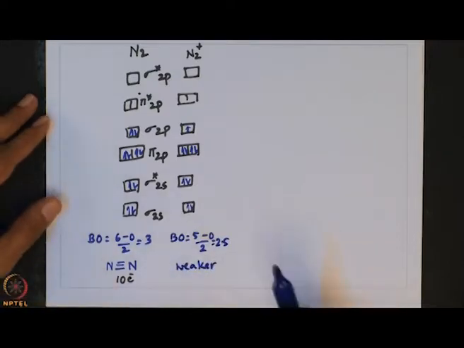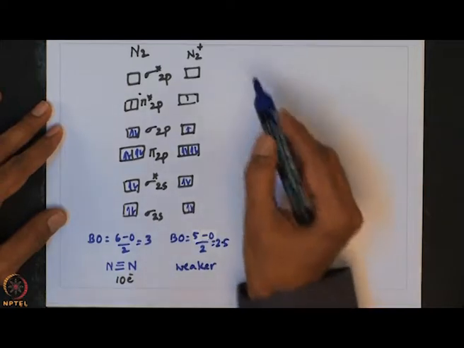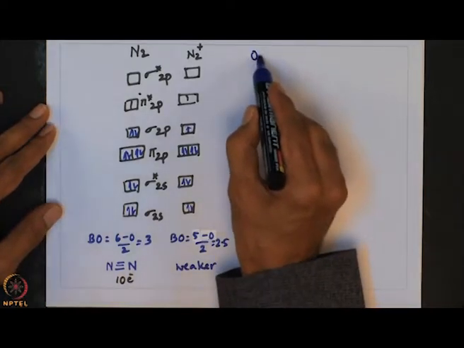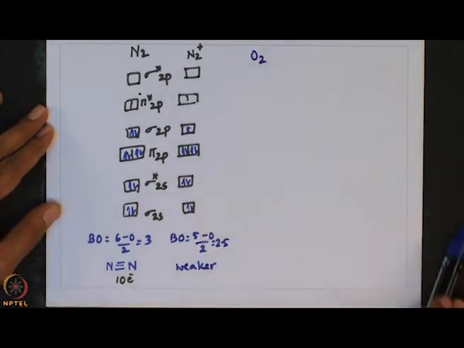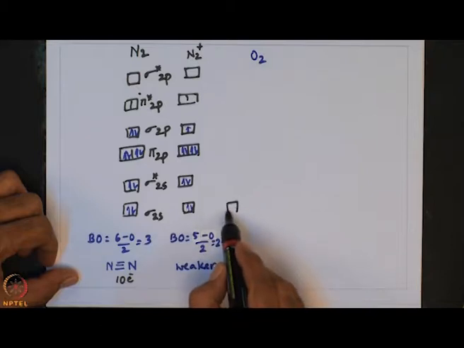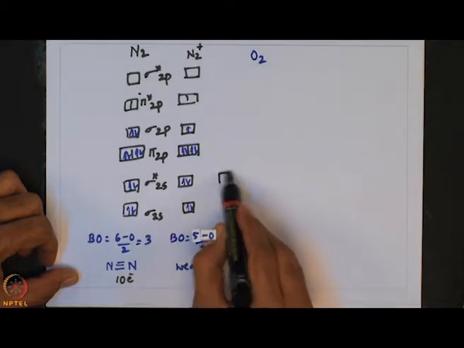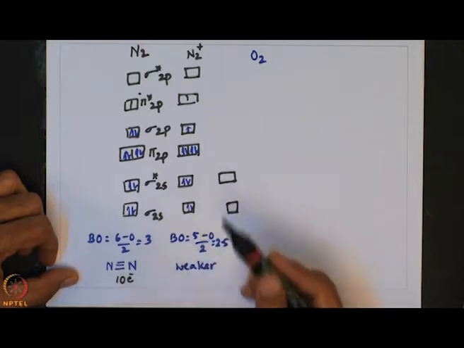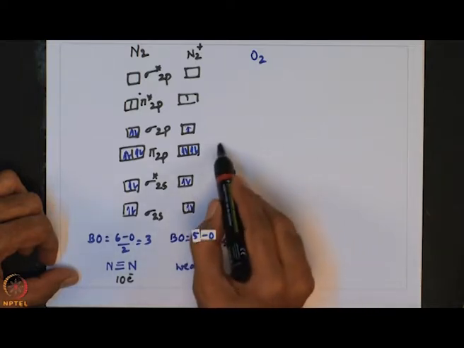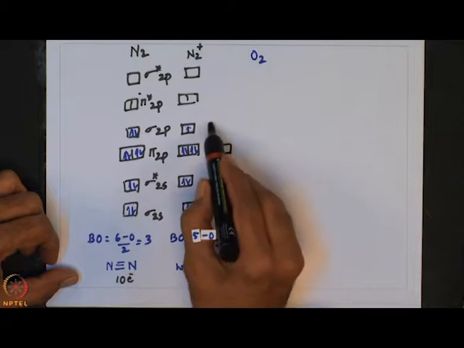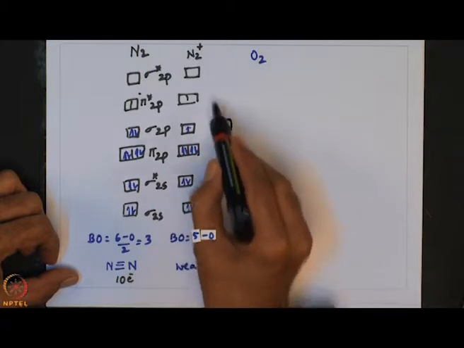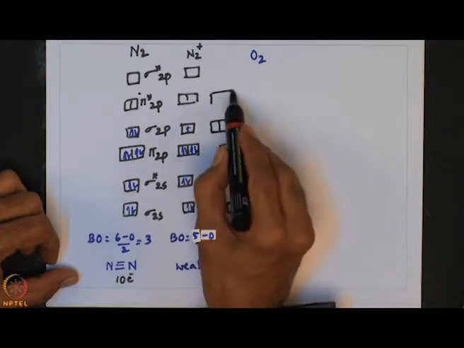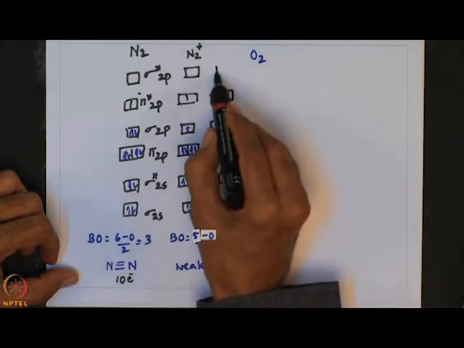Okay. Similarly, I can write for O2 here, and for O2 you should notice the difference. This is essentially the same, and next we have these two the same, 1s2 2s2. Now, we have sigma p here, and then pi comes here, and this does not change, and this is how it is.